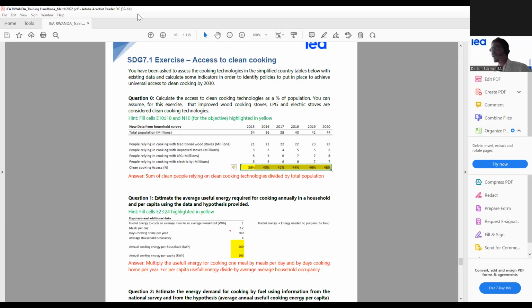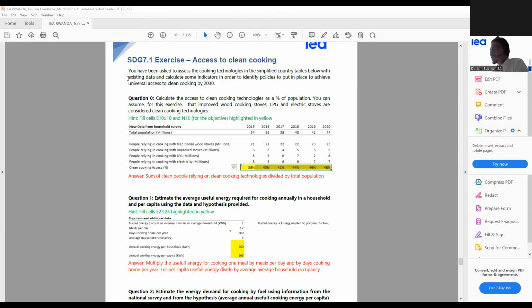So let's go directly to the exercise. Just 1 second so that I close. Okay. So you have been asked, as usual, in a hypothetical situation, by some entity, the vast majority of the time the Ministry of Energy of a hypothetical country, because here we are using random data, realistic data, but which doesn't come from one specific country.